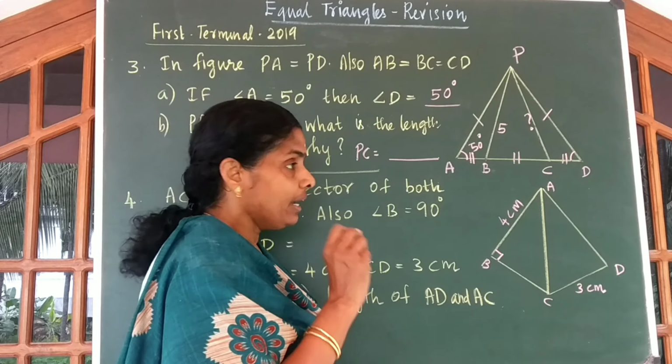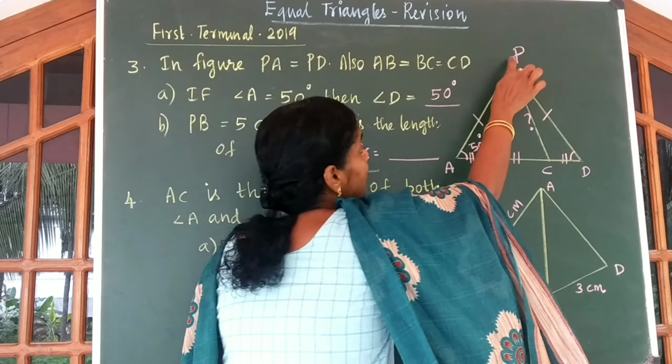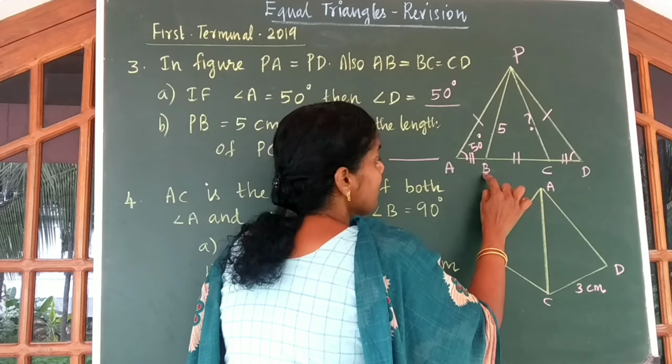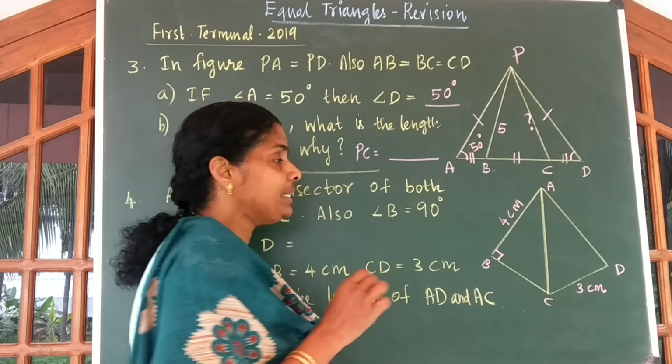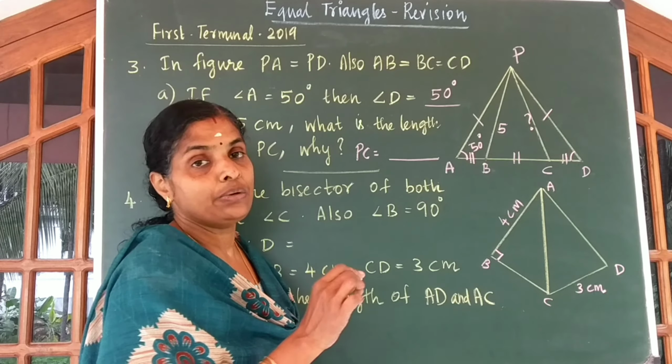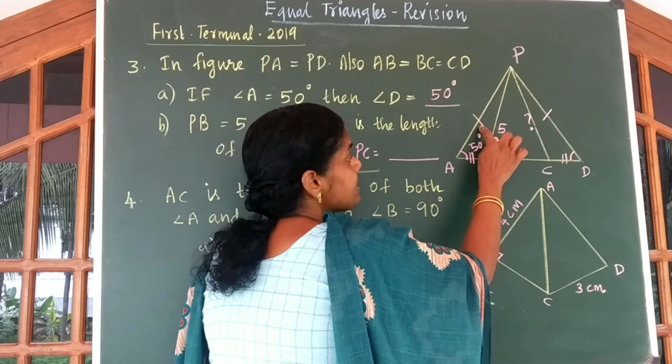Okay. Now look at triangle PAB and also PCB. Now in these two triangles, what can you say? Two sides are equal. PA and PD are equal. Also AB and CD are equal. Included angle is also equal.